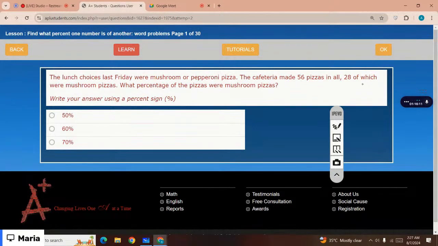Okay, the lunch choices last Friday were mushroom and pepperoni pizza. The cafeteria made 56 pizzas in all.